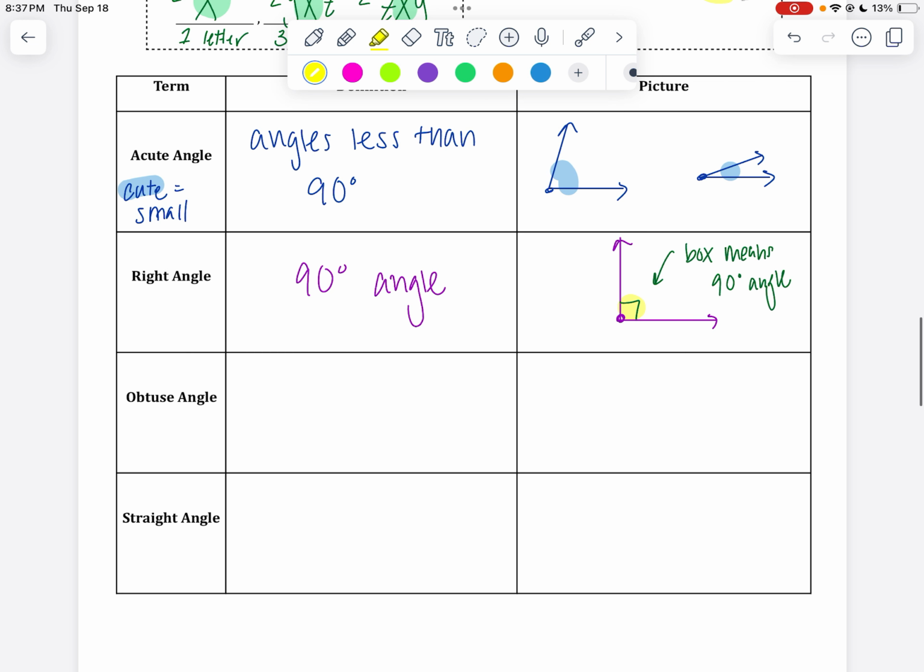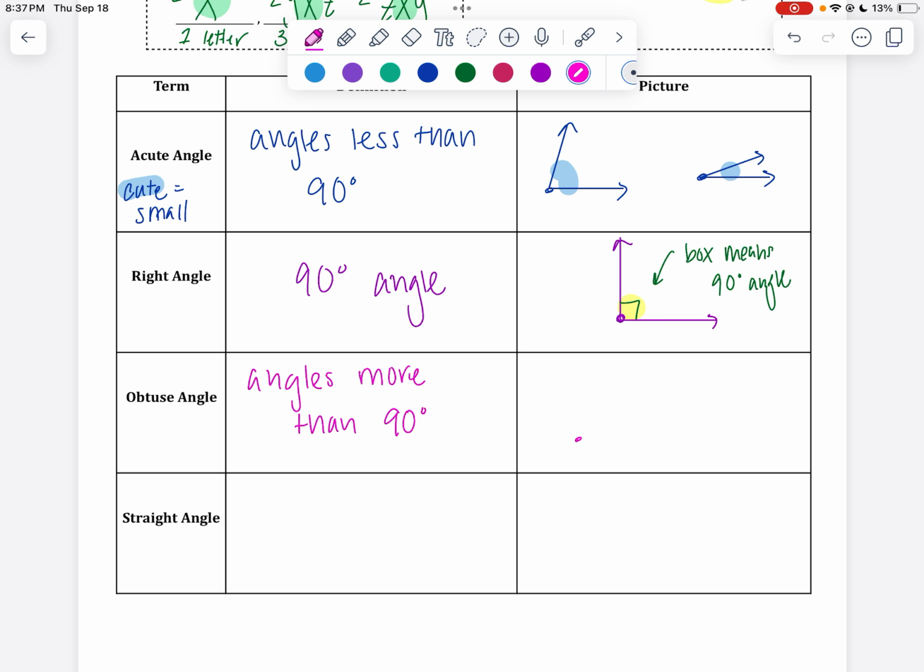All right, obtuse. Obtuse means that we are going to have an angle bigger, more than 90 degrees.